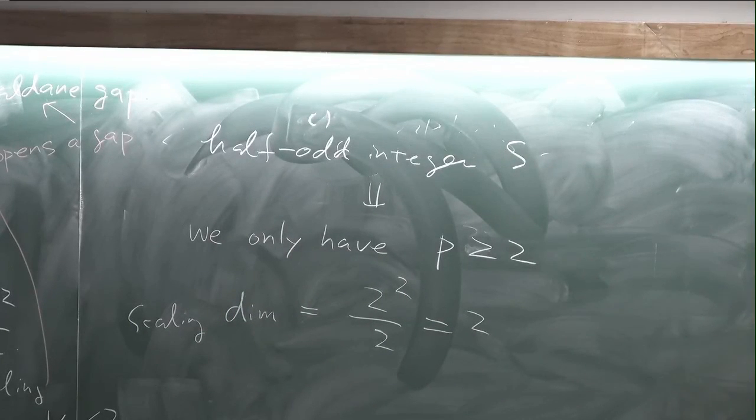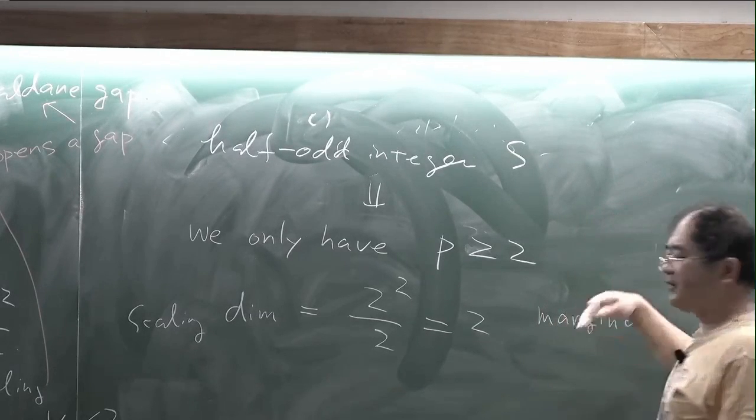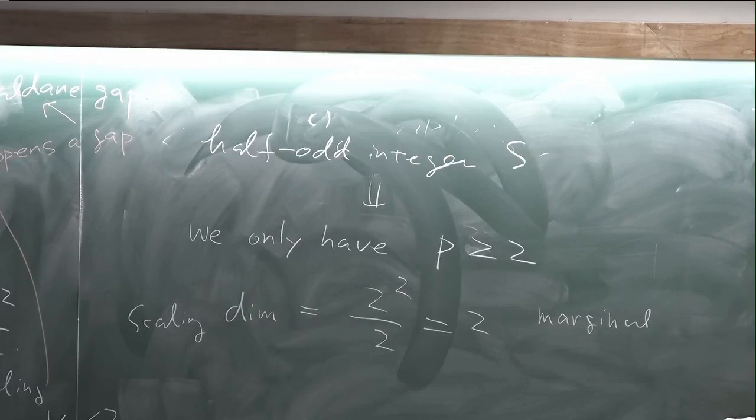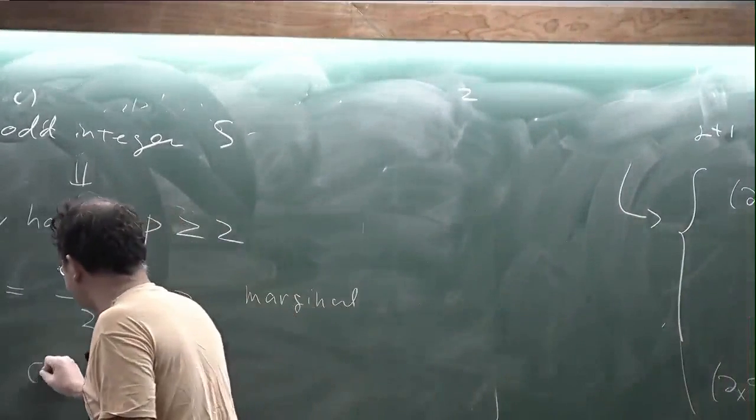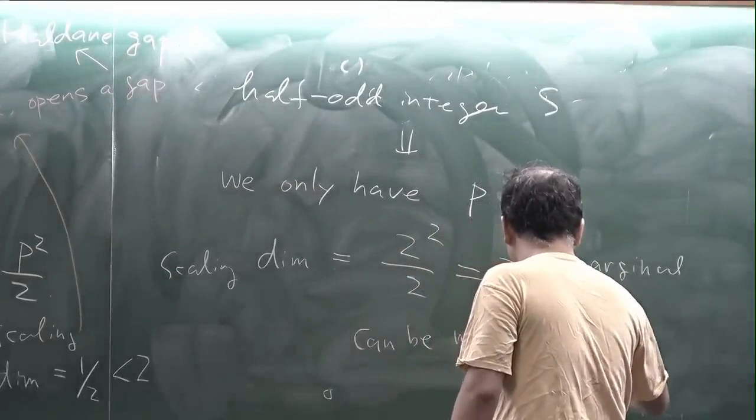So this is called a marginal operator. It can be relevant or irrelevant, but at least for the spin 1/2 standard Heisenberg chain, it happens to be so-called marginally irrelevant. So eventually it's irrelevant, but you cannot tell just from this analysis. But for the standard spin chain, this perturbation happens to be marginally irrelevant.